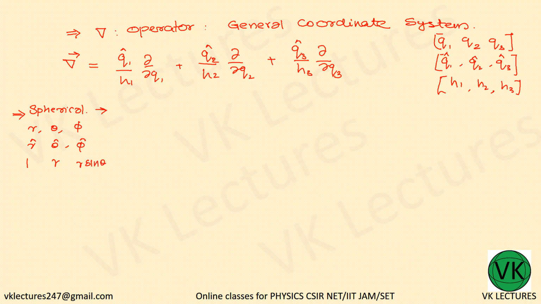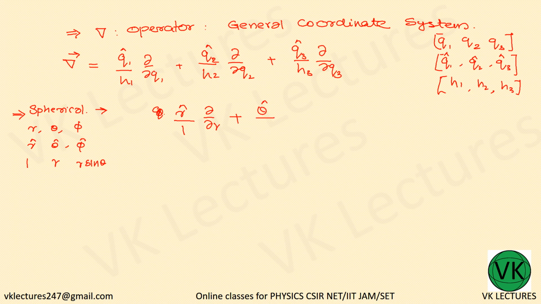So that is q1 cap, which is nothing but the first one, that is r cap divided by h1. H1 is 1, dou by dou r, plus q2 cap. What is q2 cap? That is theta cap, by h2. What is h2?